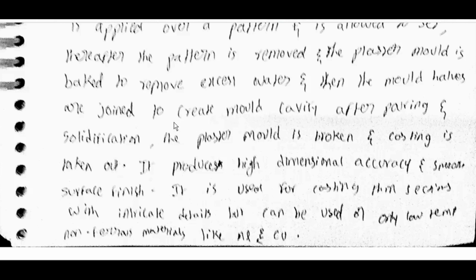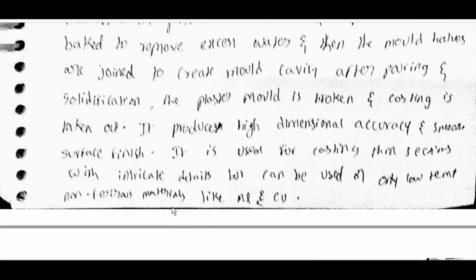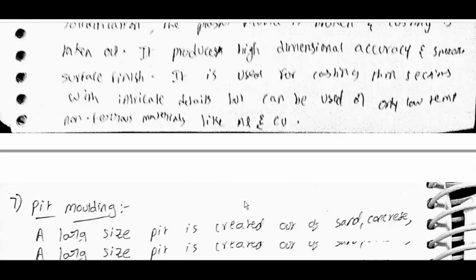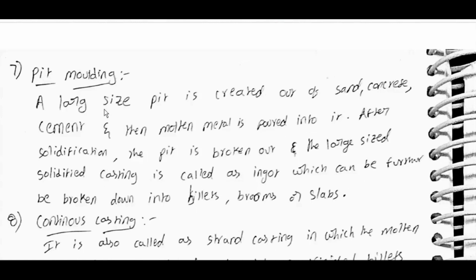It produces high dimensional accuracy and smooth surface finish. It is used for casting thin sections with intricate details, but can be used only for low temperature non-ferrous materials like aluminum and copper.